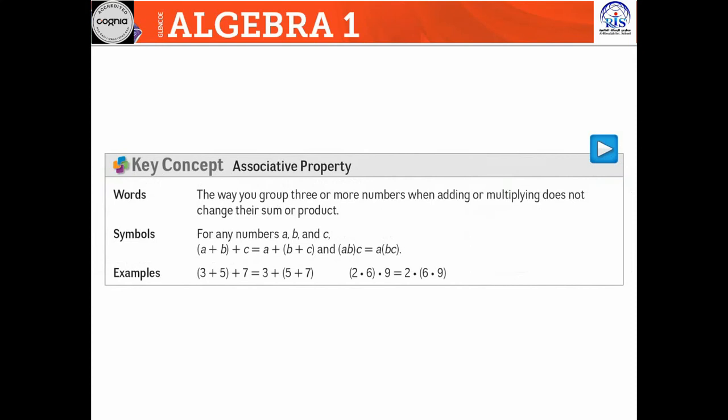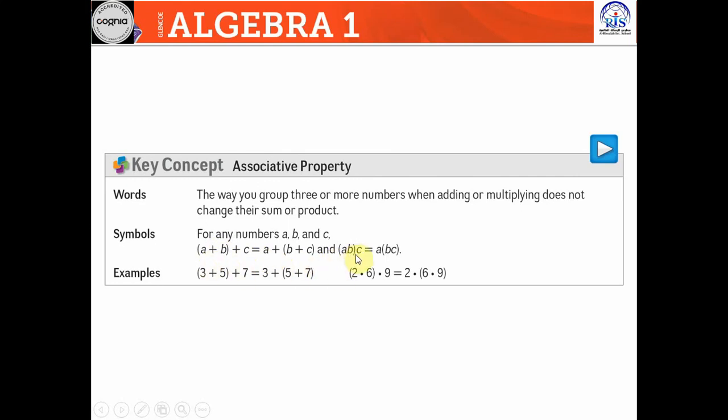Associative property, that's when I make a group. When I have brackets and I change the numbers, some number inside the brackets I make outside and the outside number I make inside. Like here, A plus B between the brackets plus C. Here I can say A plus, between the brackets, B and C, or multiplication the same.